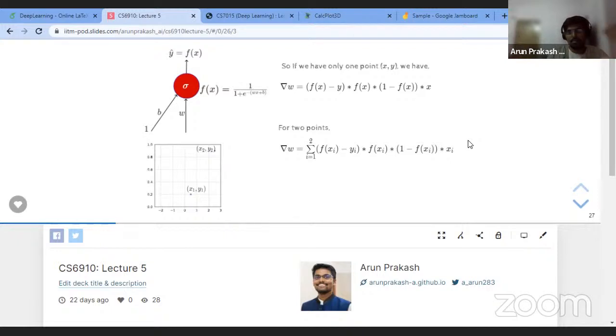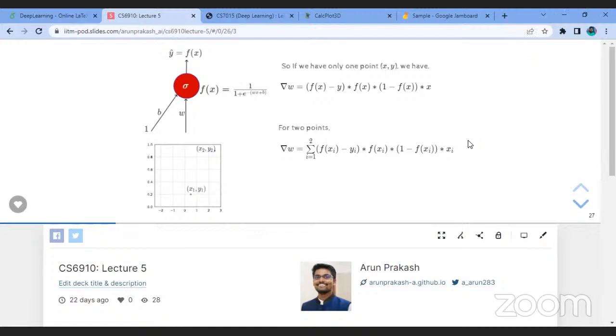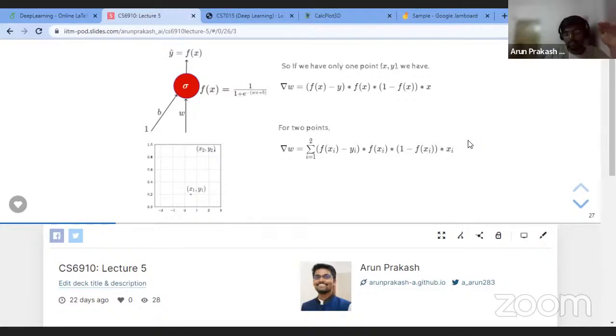But if we give you two samples and ask you to use the SGD algorithm, then you have to update the parameter twice. But if we ask you to use batch gradient, then you have to sum up the gradient once and then update the parameter.